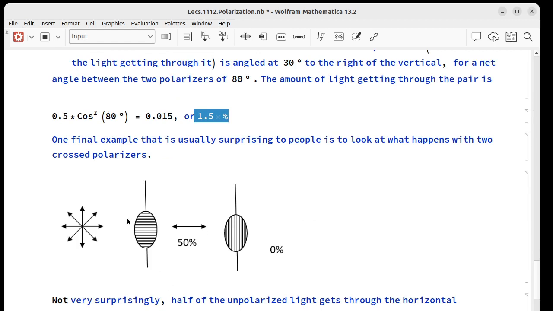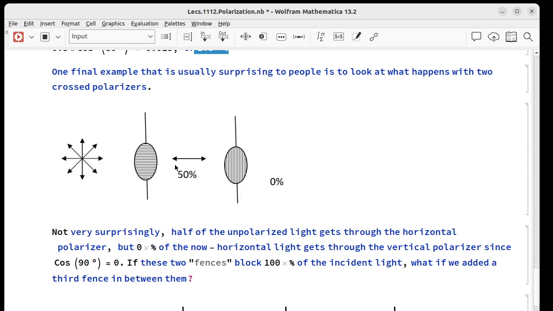What about if we have two fences that make a perfect barrier? What if we put a third fence in the middle? It seems like that won't do anything, or would only make it better if possible. But what happens is 50% of the light gets through the first one. Then this horizontal light hits this polarizer that's 45 degrees to the horizontal and to the vertical.